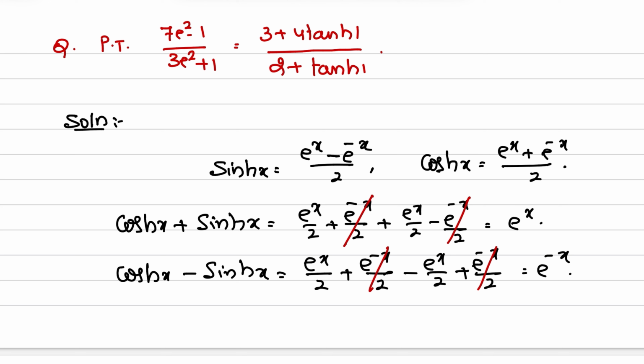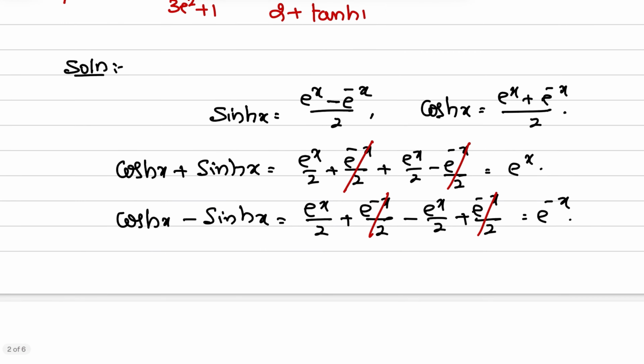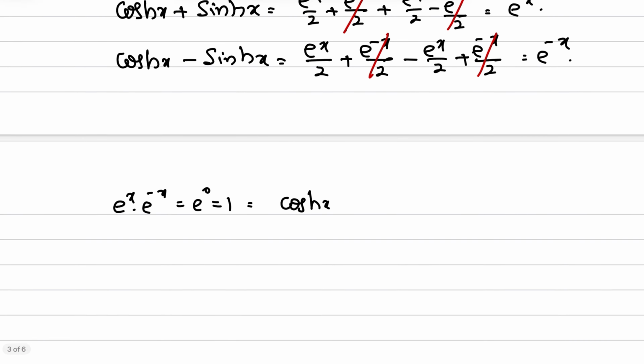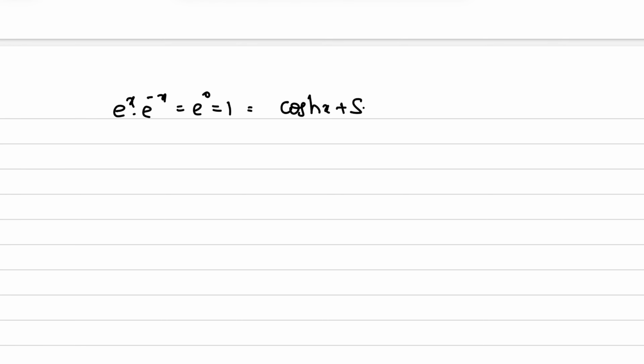That means e to the power of x and e to the power of minus x can be represented in cos hyperbolic x and sin hyperbolic x from the definitions of sin hyperbolic x and cos hyperbolic x. Then e to the power of x into e to the power of minus x is equal to e to the power of 0, that is equal to 1, that is equal to (cos hyperbolic x plus sin hyperbolic x) into (cos hyperbolic x minus sin hyperbolic x).